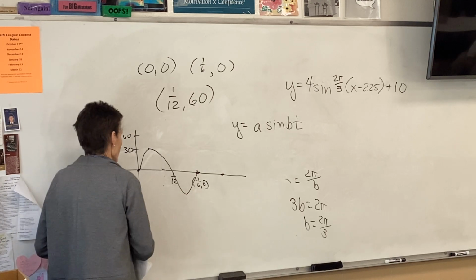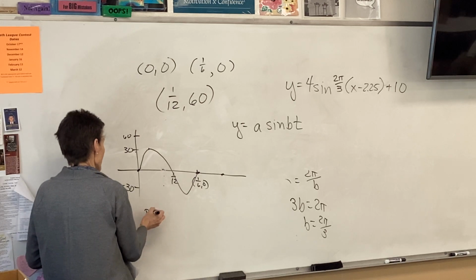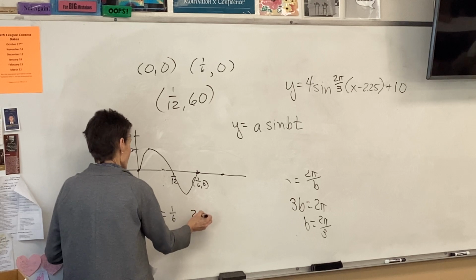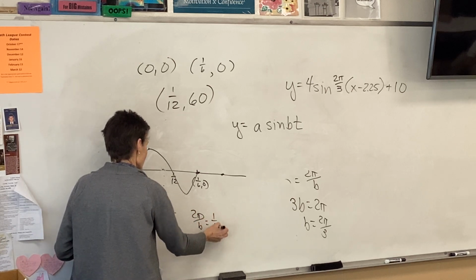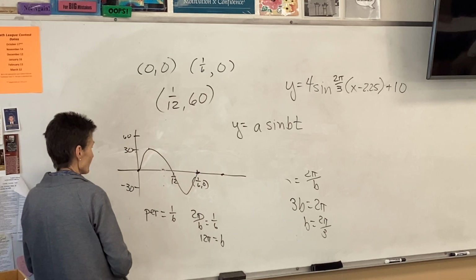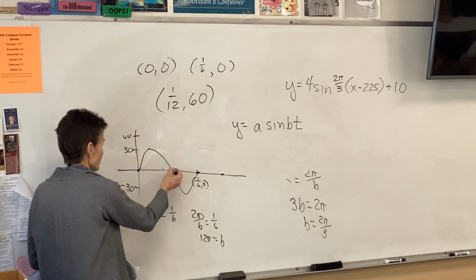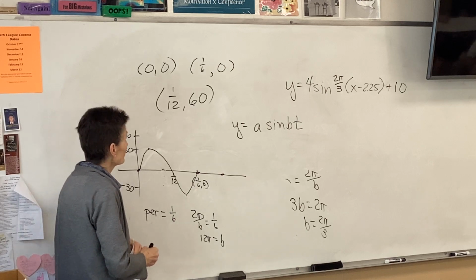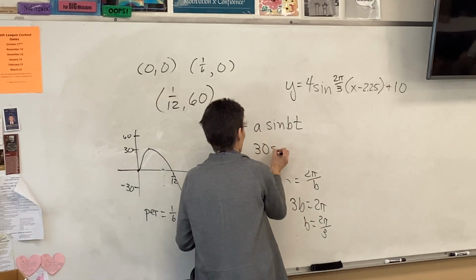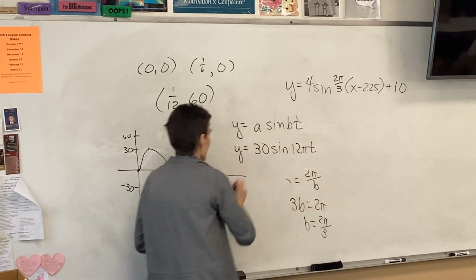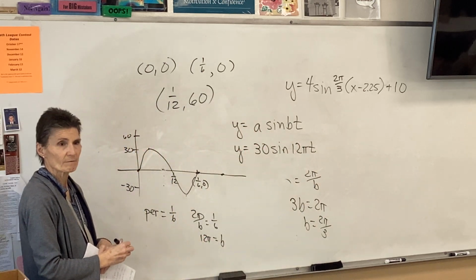So what do I know about this curve? I know its period is 1/6, so 2 pi over b has to be 1/6. So b is 12 pi. And I know its amplitude is 30. And that's all I need, because they tell me there's no shifting involved.